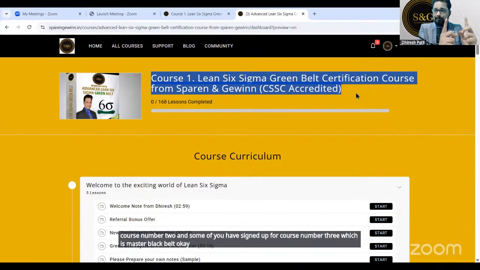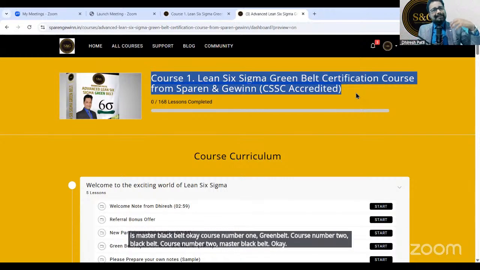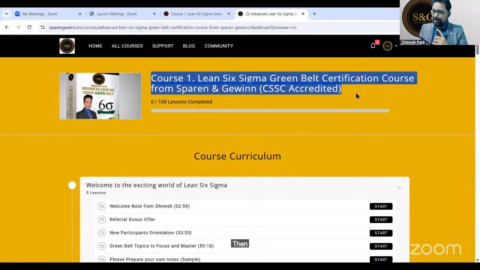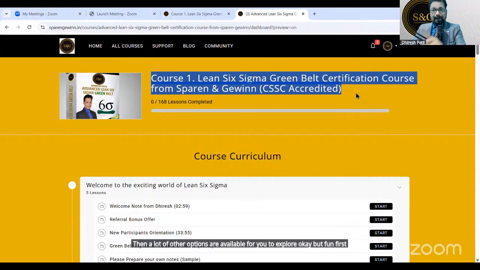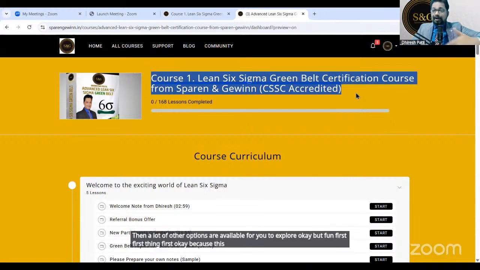Course number 1 Green Belt, course number 2 Black Belt, course number 3 Master Black Belt. एक बार ये 2-3 होने के बाद, then a lot of other options are available for you to explore. But first things first, because this certification is more valuable for your career. तो पहले certificate ले लो, और बाद में बाकी सब बोनस में बहुत सारा पड़ा हुआ है. आप पूरा साल भर, पूरी जिंदगी भर सीख के भी कम पड़ जाएगी, उतना कंटेंट अपने पास अवेलेबल है.